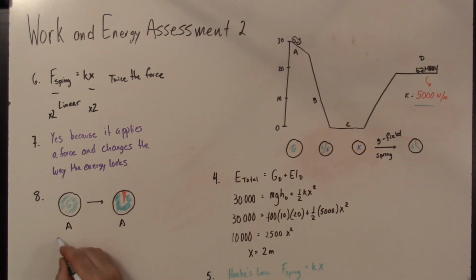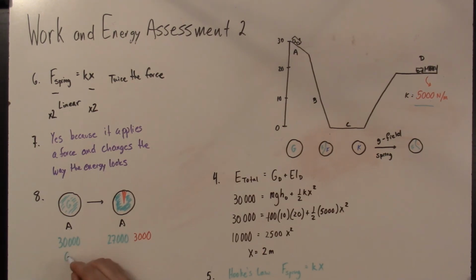You have less. Here you had 30,000 of gravitational energy. You've lost 10%. 10% of this is going to be 3,000. So you have 27,000 of gravitational energy and 3,000 of thermal energy.